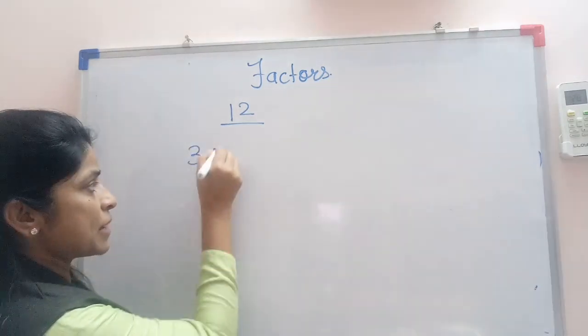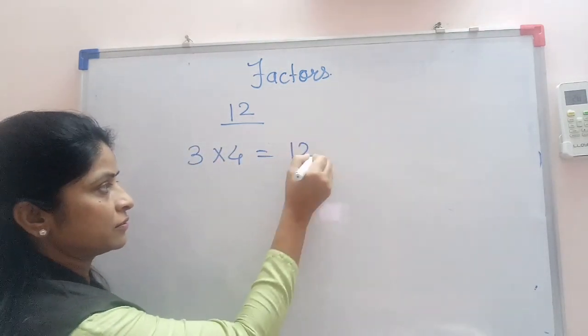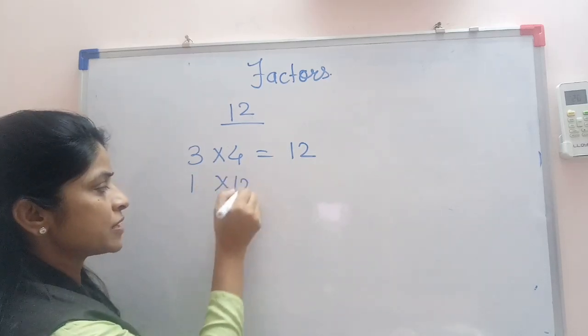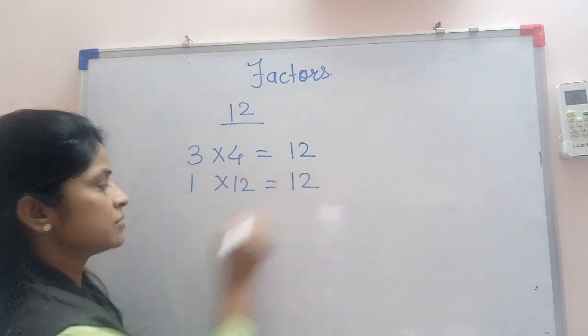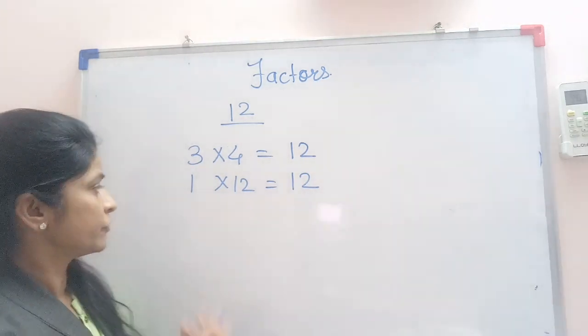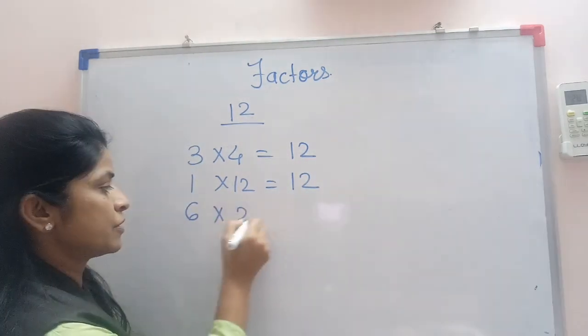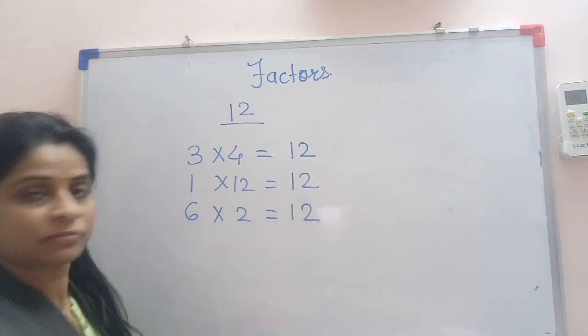When 3 multiplied by 4 we get 12. 1 multiplied by 12 we get 12, and one more pair we can say is 6 multiplied by 2, we get 12.